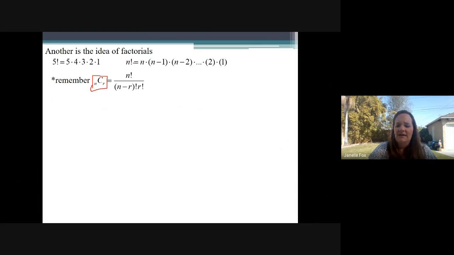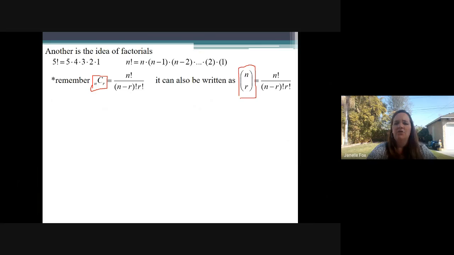And each of these can also be written as n over r, like a tall parentheses, where you write the n and the r on top of each other. It means the same thing, okay? It's just a way to get some numbers, but if I'm doing these on my own, I'm going to probably use that nCr button on my calculator because I think that's pretty handy.